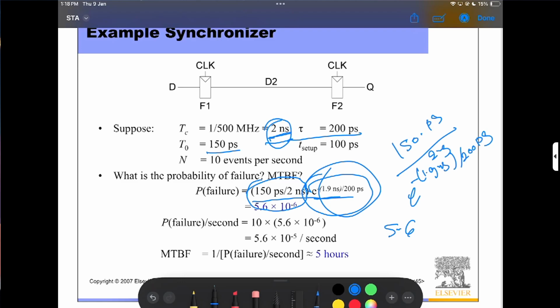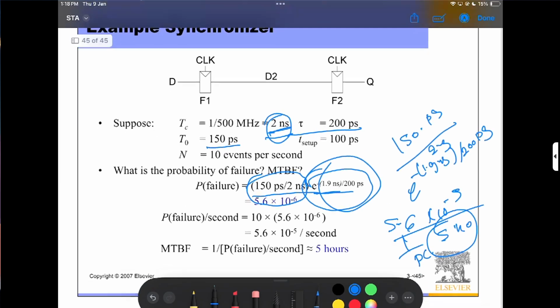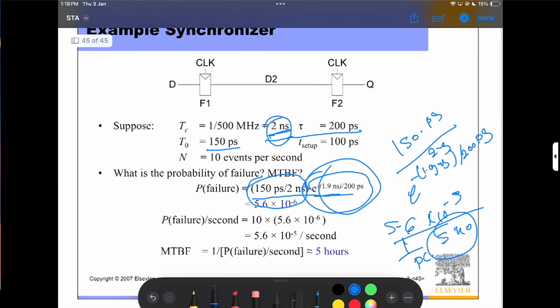So P failure for n events per second is 5.6 into 10 to the minus 5. So MTBF is 1 by P failure, which is about 5 hours mean time before failure. So this is the MTBF.